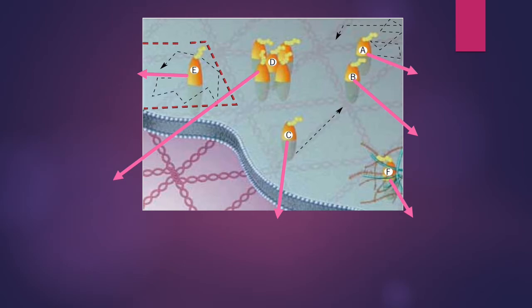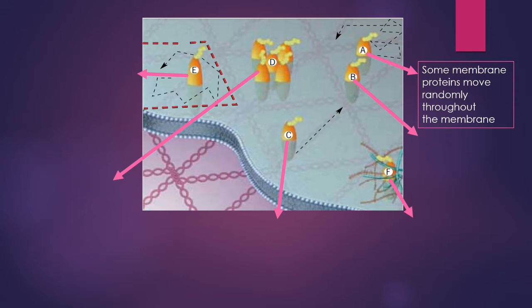The results of these studies often depend on the particular protein being investigated. For example, some membrane proteins move randomly throughout the membrane, as illustrated in the figure by protein A, though generally at rates considerably less than would be measured in an artificial lipid bilayer.